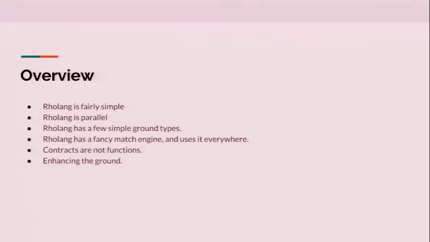We will treat Scala objects, Java objects or other non-native objects as if they were ground types, and you'll see in a second why that makes sense. Rholang has a fancy match engine, which I wrote, and it uses it everywhere. And then we're going to go through some common user misconceptions and frustrations.